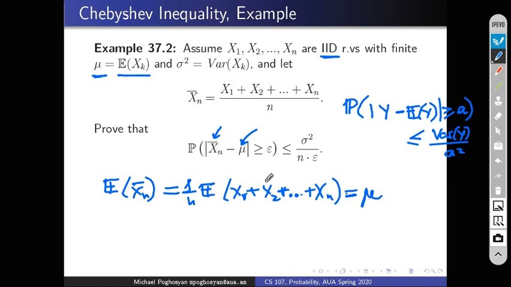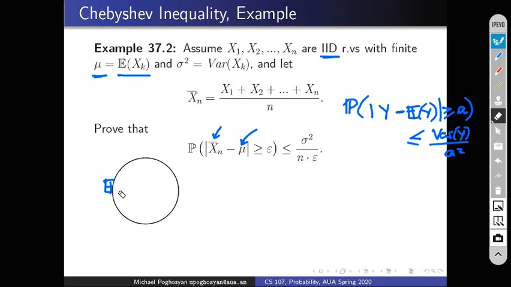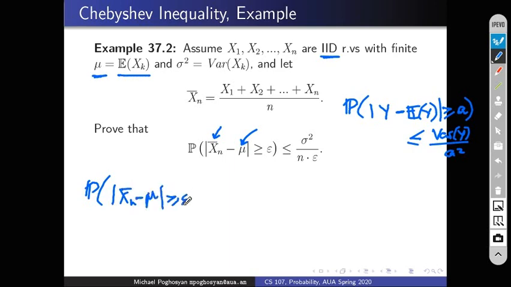Now I can write this. So let me erase and write. Okay, so I will have something like this: the probability that |X̄n minus mu| is larger or equal than epsilon. This is the same as the probability that |X̄n minus expected value of X̄n| is larger or equal than epsilon.